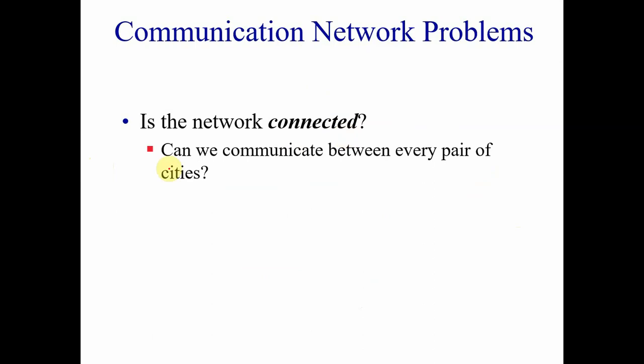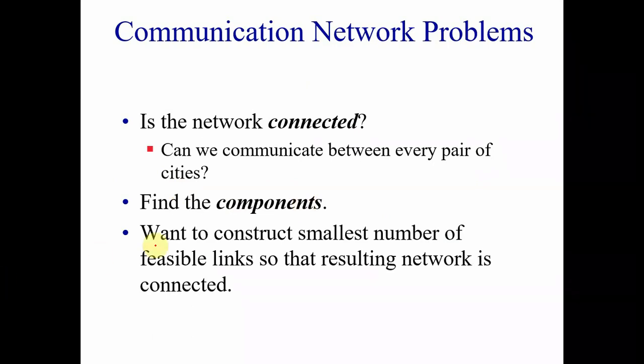When considering this problem, we ask: is the network connected? That is, can we communicate between every pair of cities? Remember, it allows some intermediate nodes or vertices. And we will find the components if there are some nodes that cannot communicate with each other.